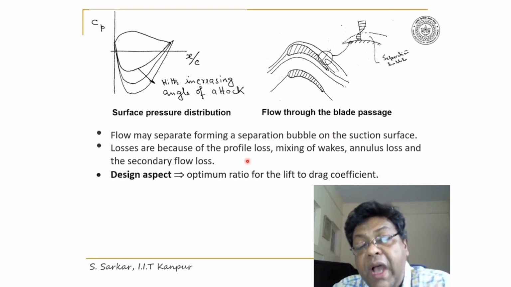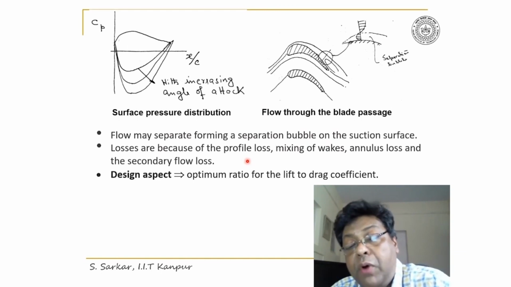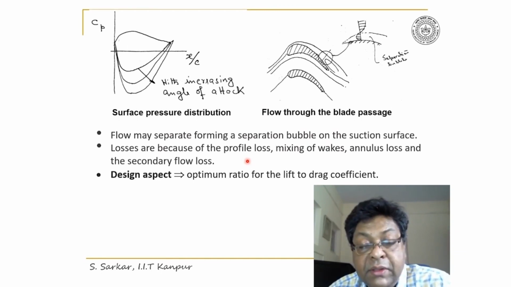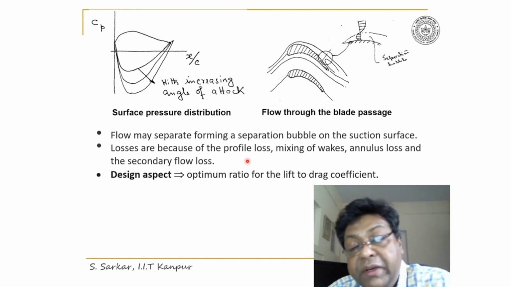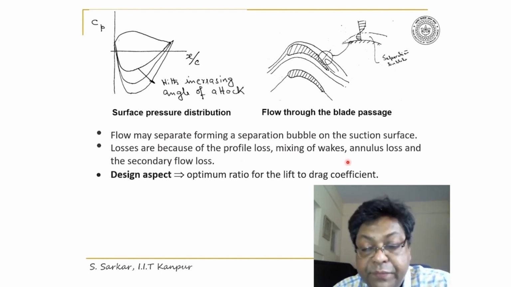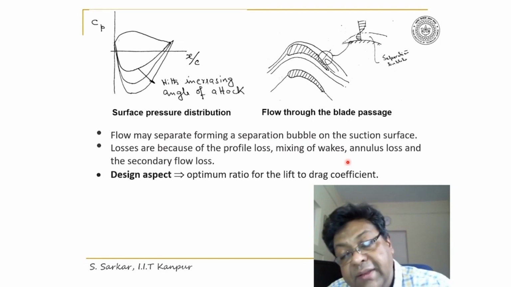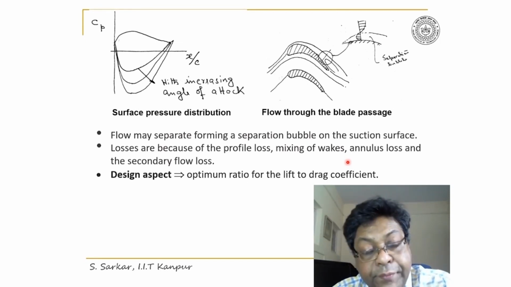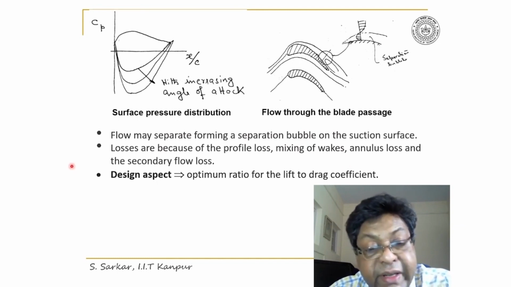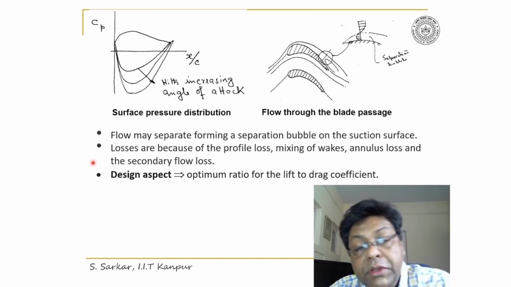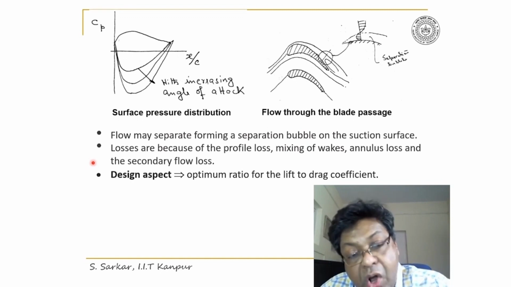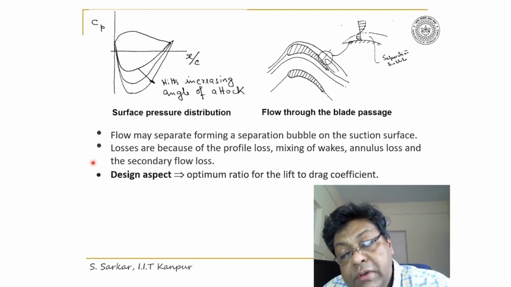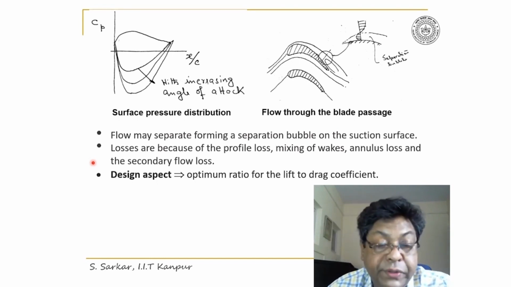And furthermore, the boundary layer developed on the annulus area of the turbine or compressor is called the annulus loss. Apart from that, there are secondary flow losses that I'll discuss later. So I have written a sentence here: the losses are because of profile loss, mixing loss, annulus loss, and secondary flow loss.